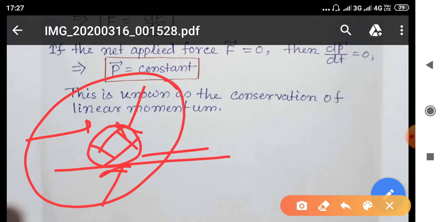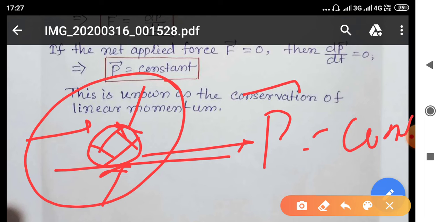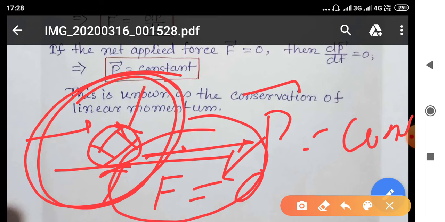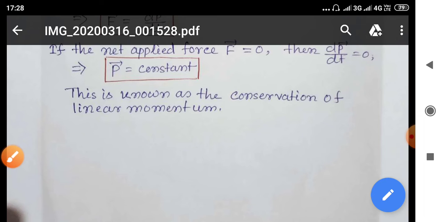But if we have certain information that the momentum of this object is constant, then we don't need to care about all the externally applied forces. We can directly conclude that the net external force or applied force is 0. So our calculation becomes very easy in this case. This is the importance of the conservation law or conserved quantity.